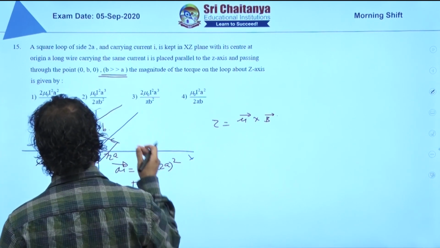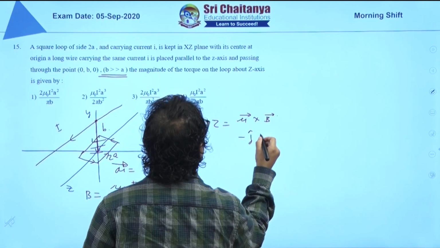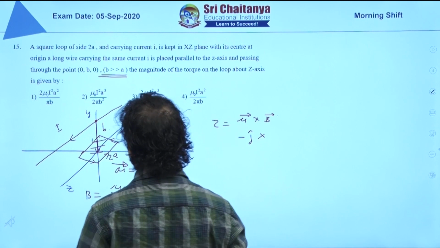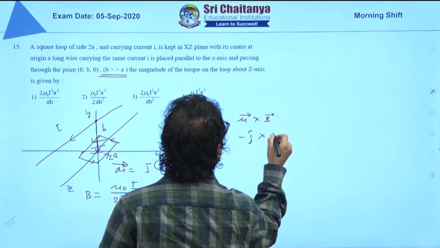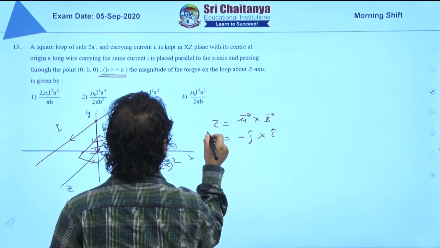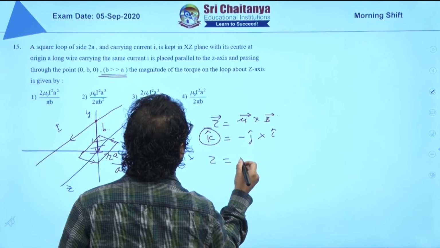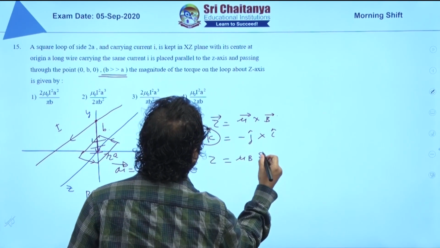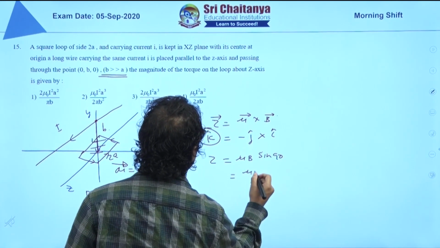Let us say mu direction we are making it minus j, cross B direction it is your i. So, that is along k, already it is along the z axis, and the magnitude is definitely mu into B sin 90. So, that is mu into B.